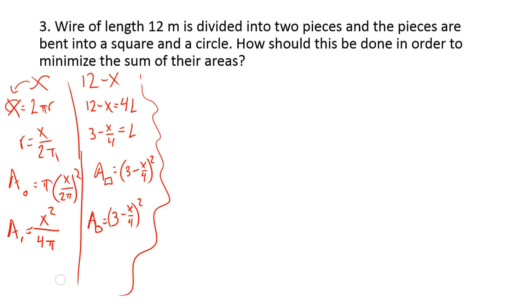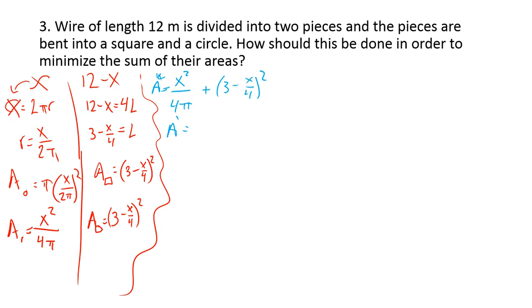Now we want to minimize the sum of the areas. So we add these together, take the derivative, find the min. The sum of the areas is x squared all over 4 pi plus 3 minus x over 4 squared. We're going to want to take the derivative of it.